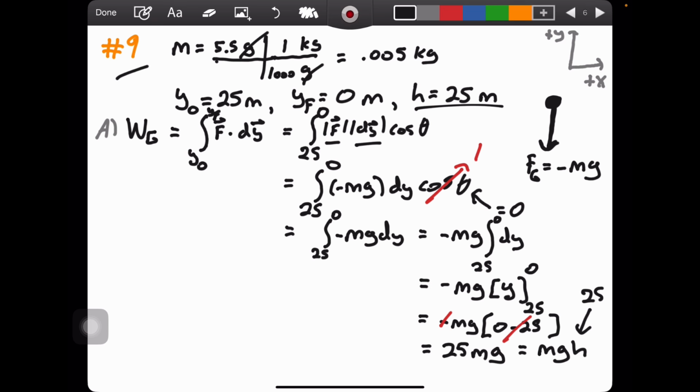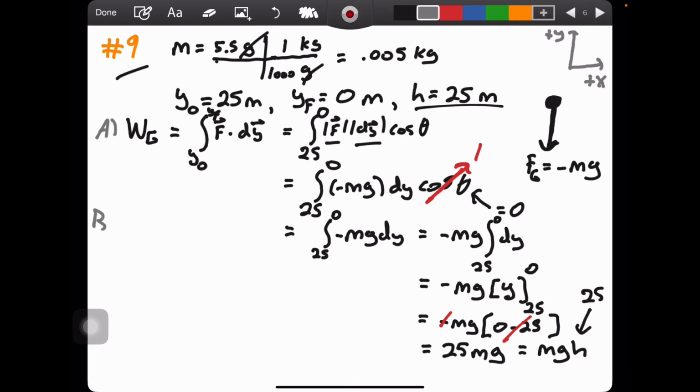And I say it's doing positive work because the direction of the gravitational force is straight down and the coin is going straight down. So that means that the force is in the same direction as the displacement. That's positive work. And even more specifically, it's parallel. And that's why you had cosine theta equals 0, and therefore cosine of 0 going to unity. So that is part A.